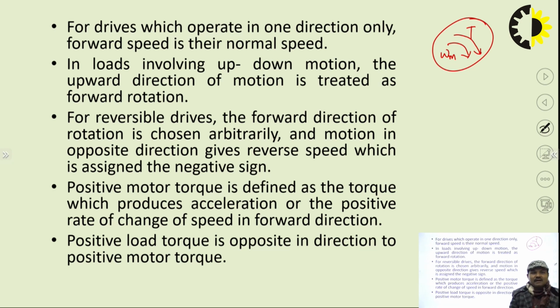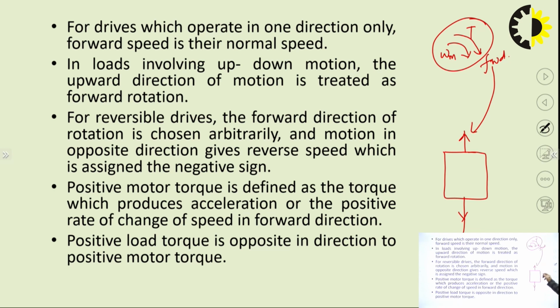In loads involving up and down motion, the upward direction of motion is treated as forward rotation. If there is a linear load with up and down direction, it will be treated as positive speed when the load moves upward, and as negative speed for the motor when the load moves downward.